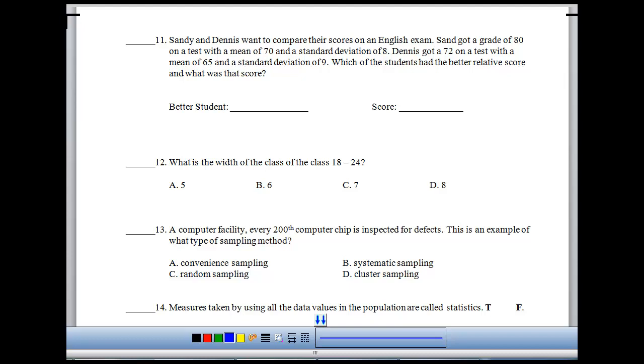Consecutive lower class limits or consecutive upper class limits. We don't do lower class from upper class. So my next class would start at what? 25. That's my next lower class limit. And when I subtract, I get 7. That's how we get 7.